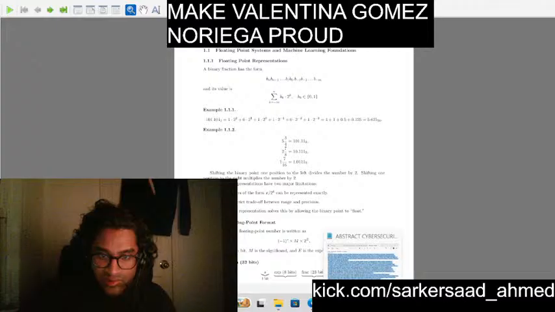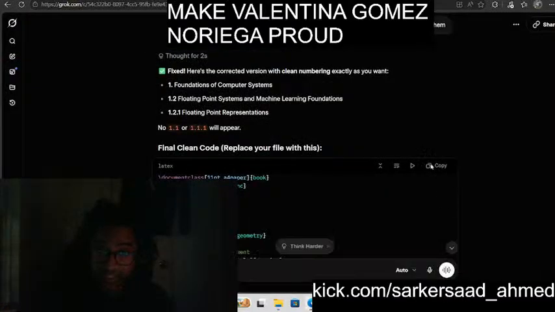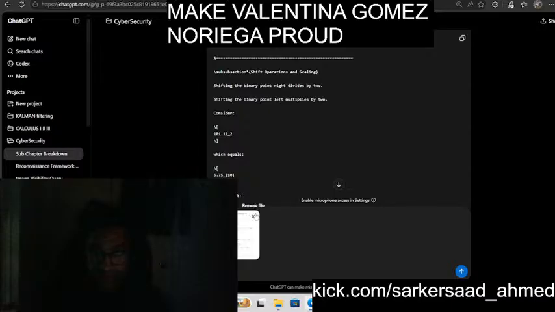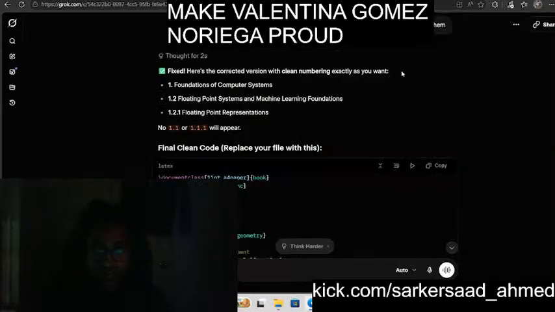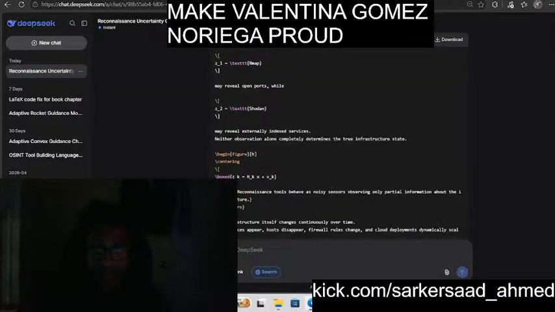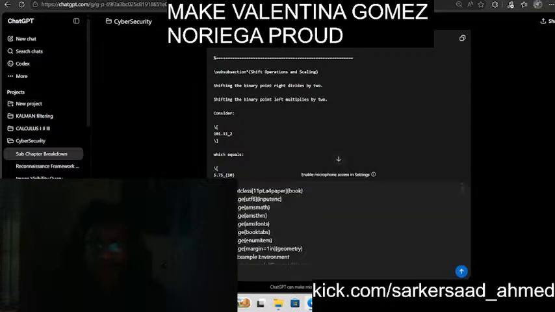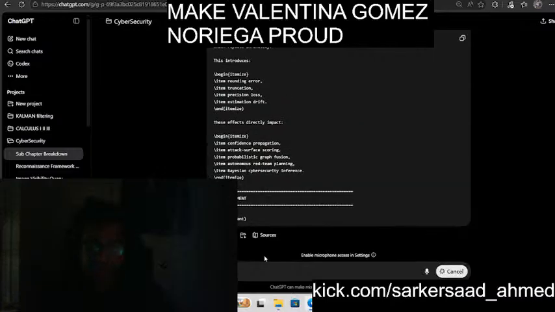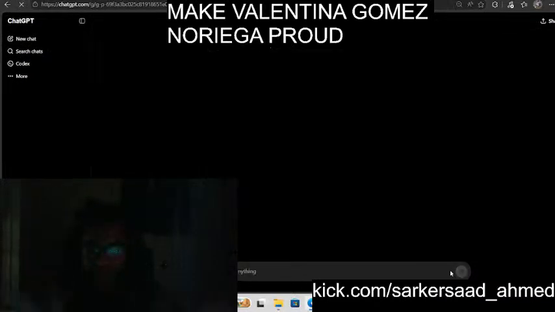But when you look at the code here, okay, let me go to ChatGPT now. Let's see if they can do it. Can you remove everything that has 1.1 in it and have it as 1.2? Oh, it is still focusing on the microphone. I don't know why.